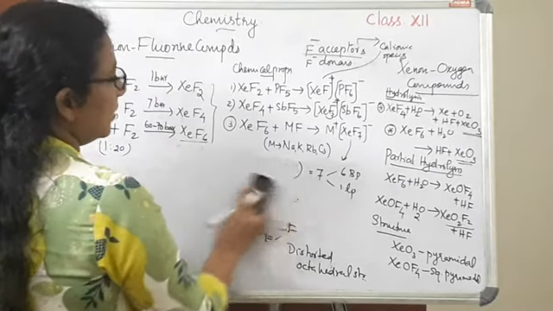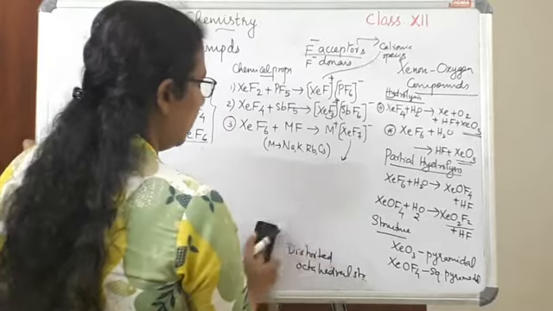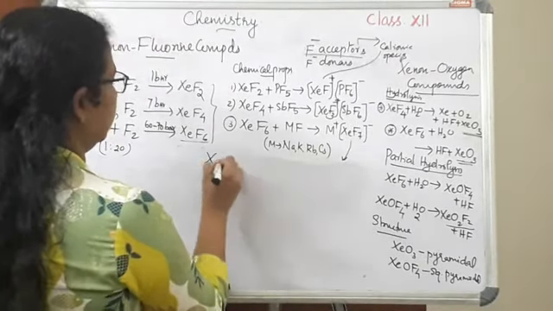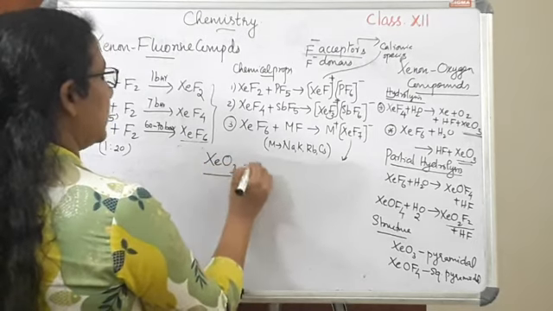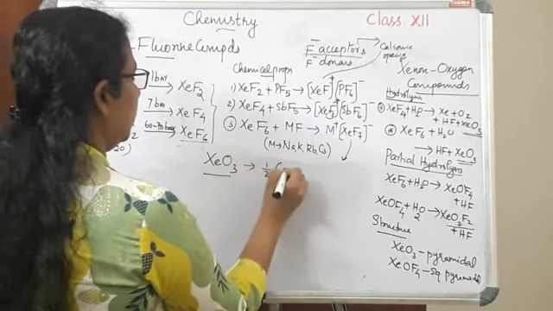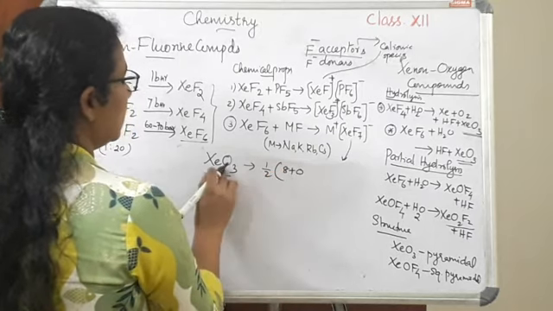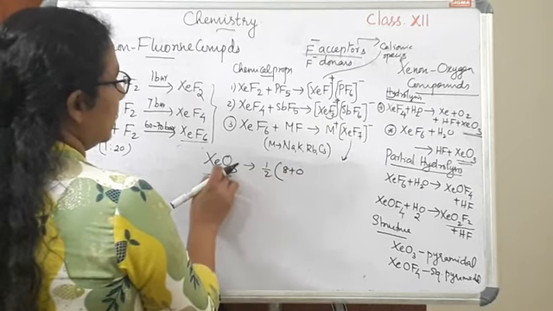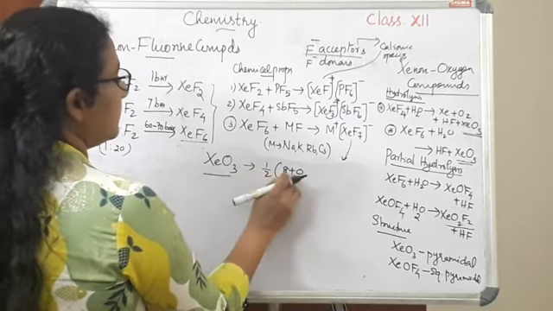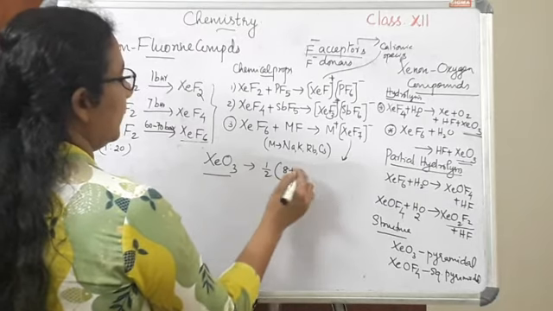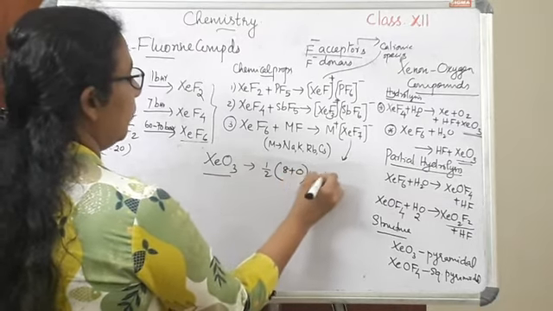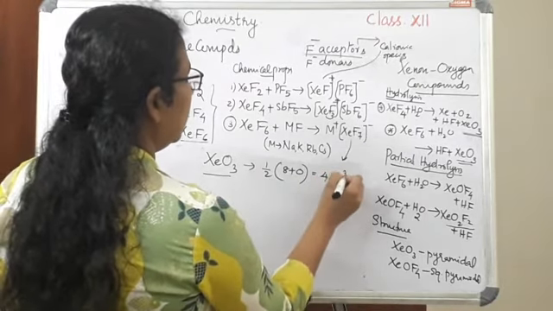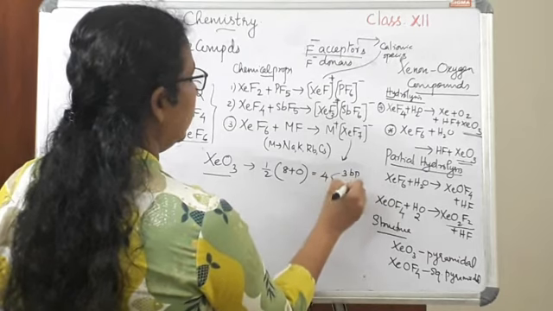Now, let us see the structure of two xenon oxygen compounds, that is XeO3. For XeO3, again half into 8 plus 0. Oxygen is doubly bonded, so we are considering singly bonded atoms. Since it is doubly bonded, it will be 0. So 8 plus 0 gives 4, and out of 4, 3 will be bond pairs and 1 will be a lone pair.